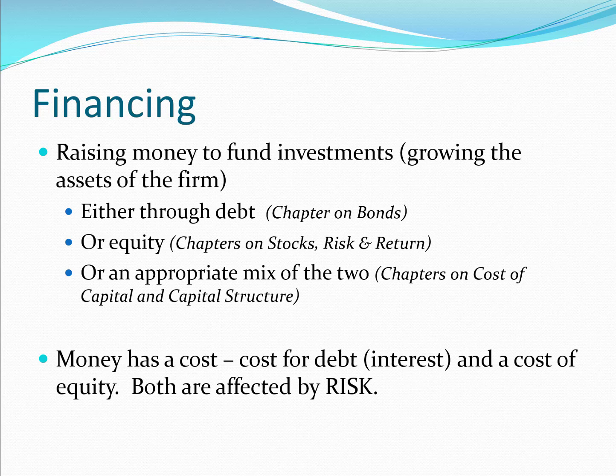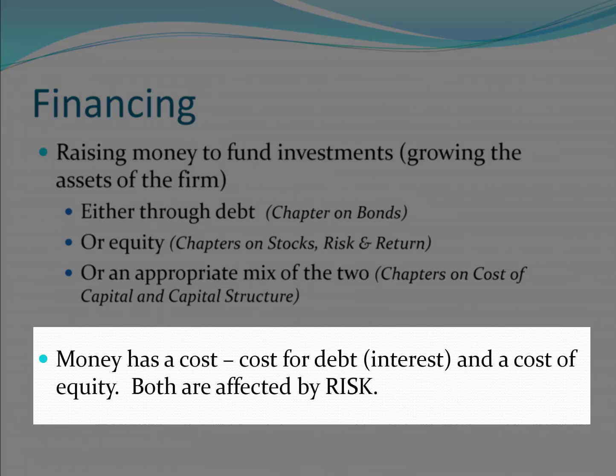We may not explicitly get to these chapters, but we are going to talk about the cost of capital and of capital structure. So a big idea here is that money has a cost. There is a cost for debt. Anytime you borrow, you've got to pay interest. That's the cost of the debt. And there's also a cost of equity.